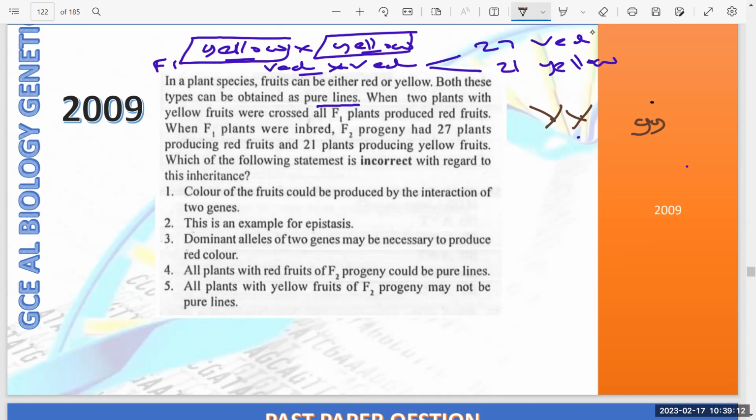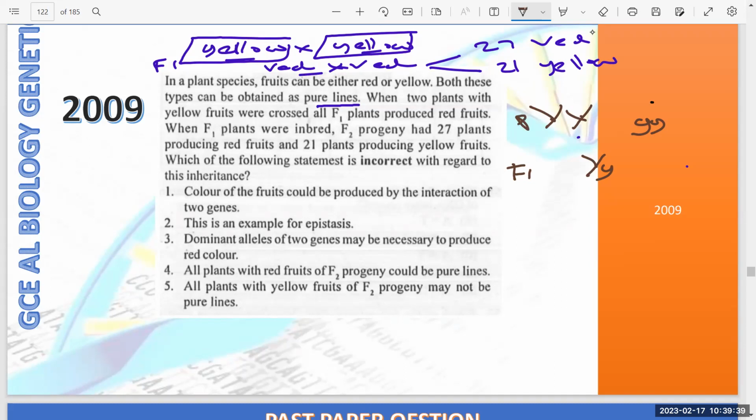So in the first experiment, he used pure lines. As a result, he got 100% of flowers heterozygous with the purple color. Now in this case, this is the F1 generation, and these are the parents.